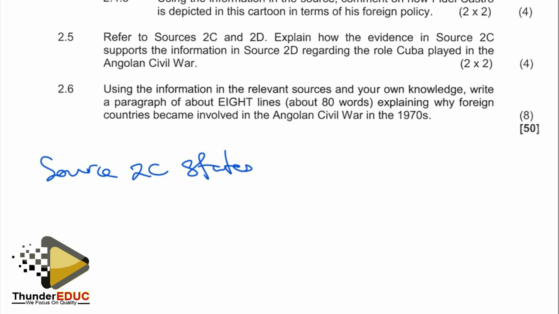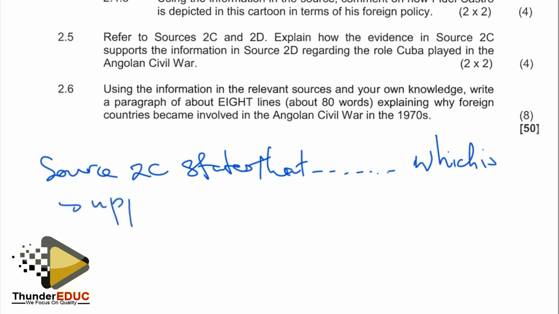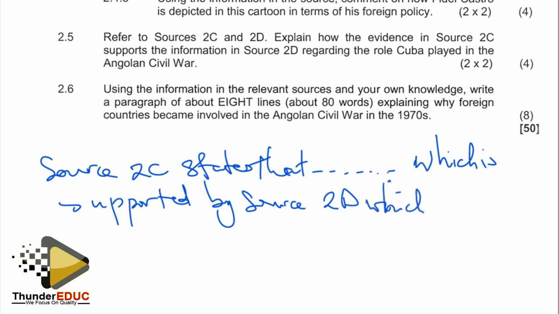So source 2C states that, you indicate what is stated, which is supported by source 2D, which shows whatever is in the cartoon.